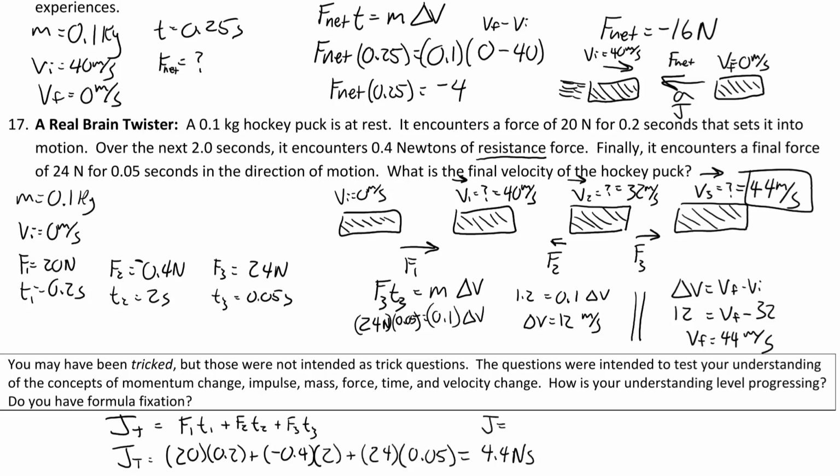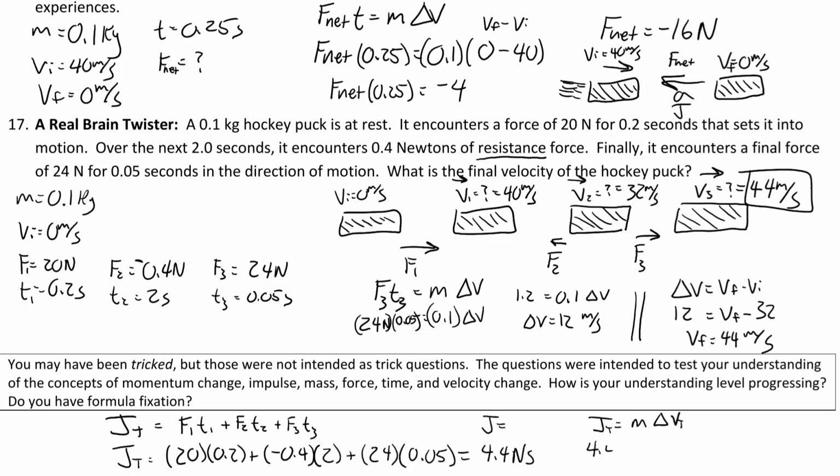And now we could use the Impulse-Momentum Theorem and say, okay, we know what the impulse is, and we're looking for the final velocity, but we start at 0, so it'd be nice to know what the total change in velocity was. That'll give you your overall change in velocity.